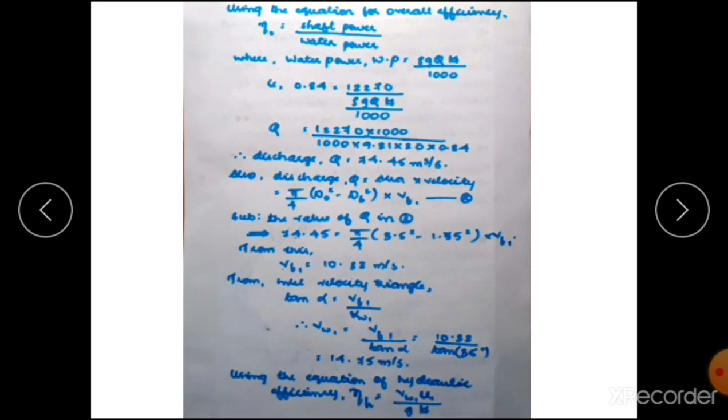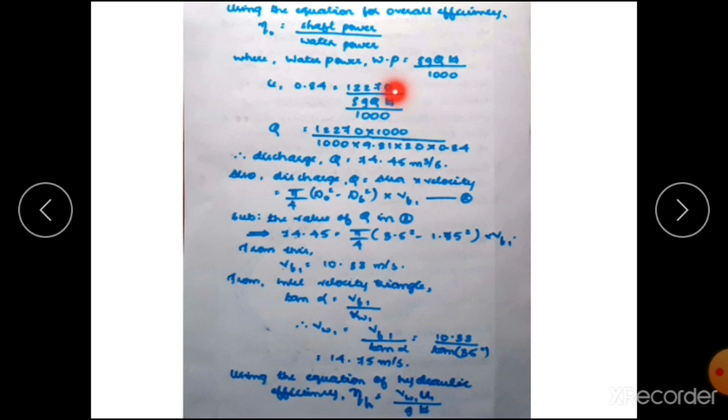Now we have to solve the problem. First of all, we have to find the value of Q, the discharge. For this, I am using the equation for overall efficiency, eta 0, which is shaft power by water power. Here water power Wp is rho g Q H by 1000, where rho is the density of water, g is the acceleration due to gravity, Q is the discharge, and H is the head.